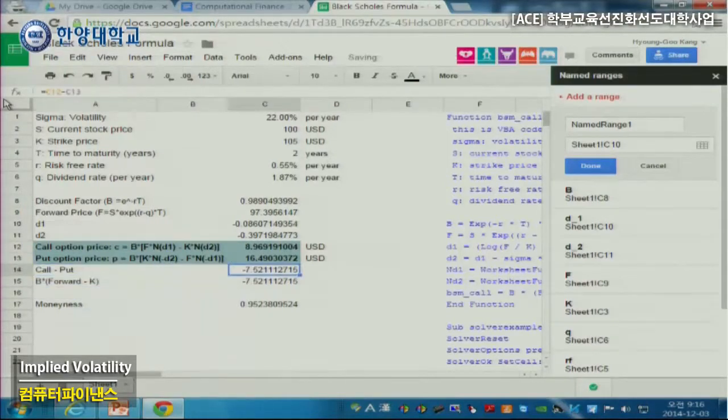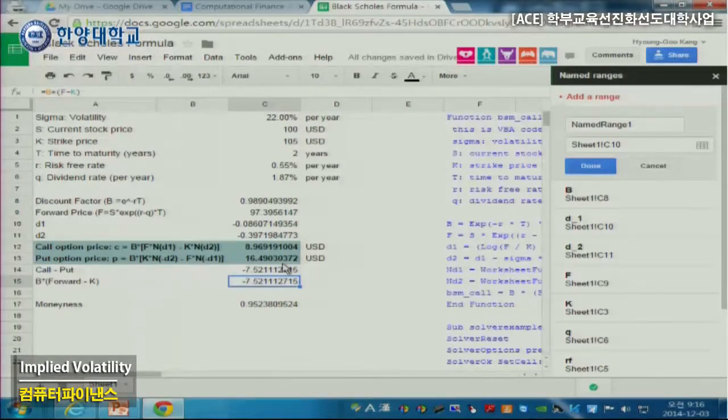So they should be the same. Call minus put looks like this, and the discount factor times (F minus K) like this. So they are the same, so we have a right solution.